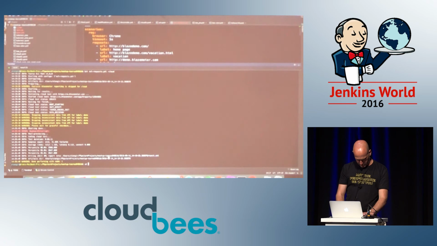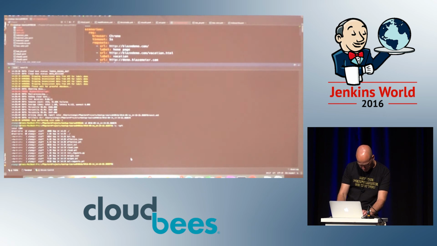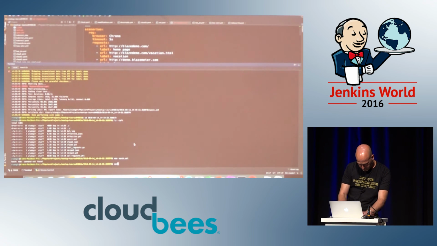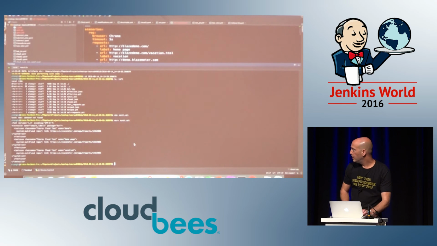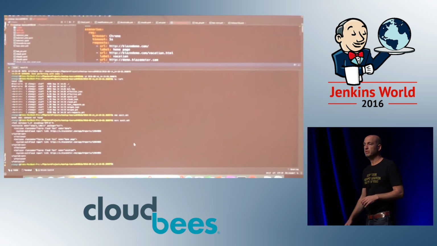And again, when I go to the repository, it always outputs a JUnit XML file.